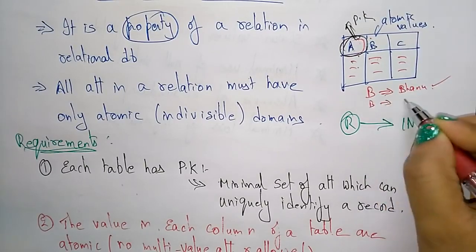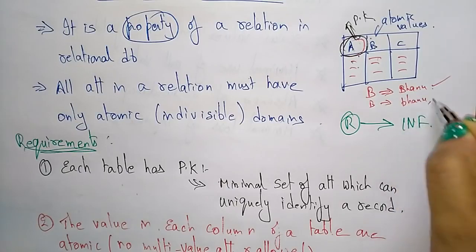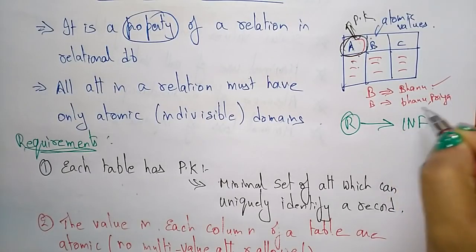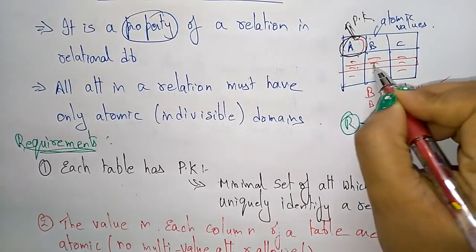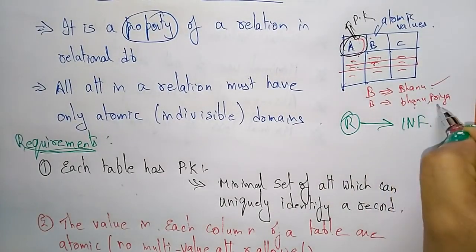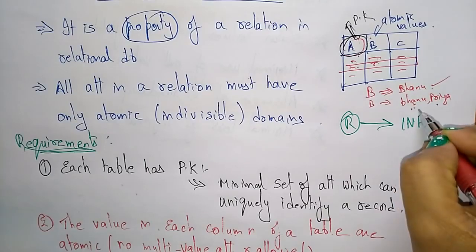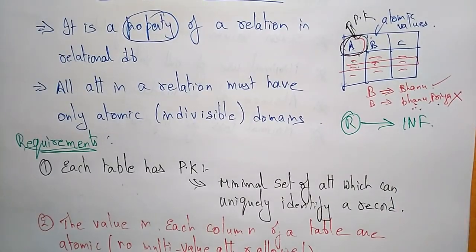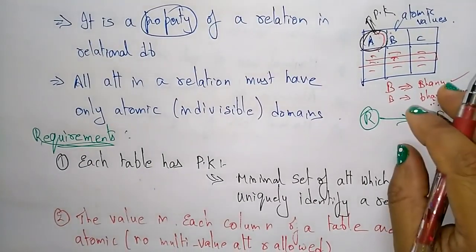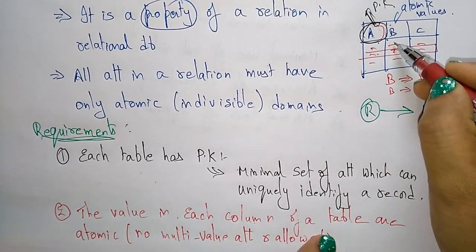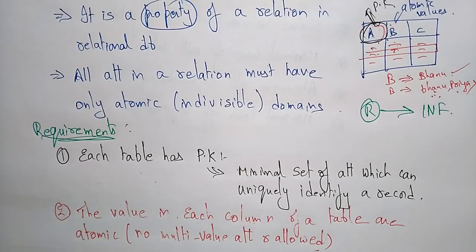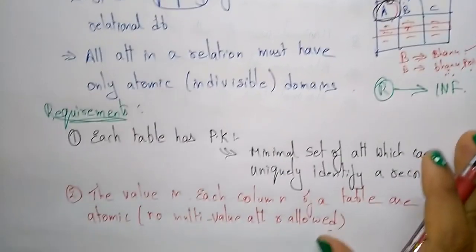But if B is like Bhanu, Priya, then one tuple is holding multiple values, and that is not allowed. So that is the second requirement.